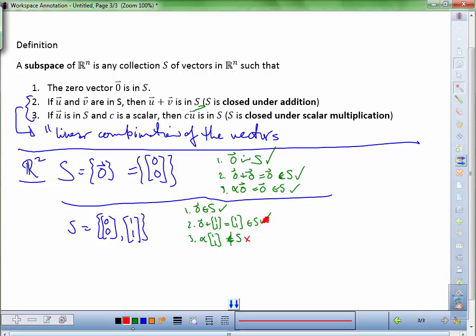So let's select something different that wouldn't work. What two vectors can I add that wouldn't work? 1, 1, and 1, 1. So that check mark wasn't really a good check mark, so that didn't work. So this is not in S.